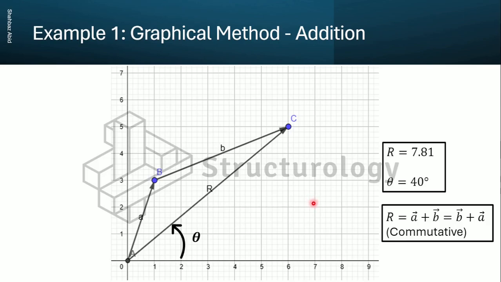We can solve this example the other way around, in which we bring vector A to vector B, and it's going to give us the same resultant. So when we add two vectors, it's commutative, which means the order of terms does not matter. We are going to get the same resultant in the end.